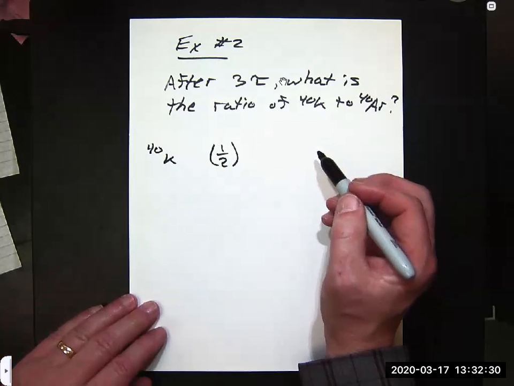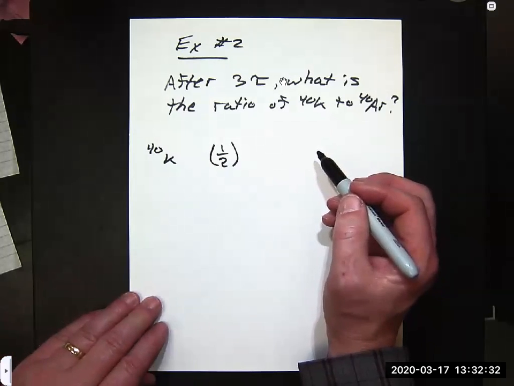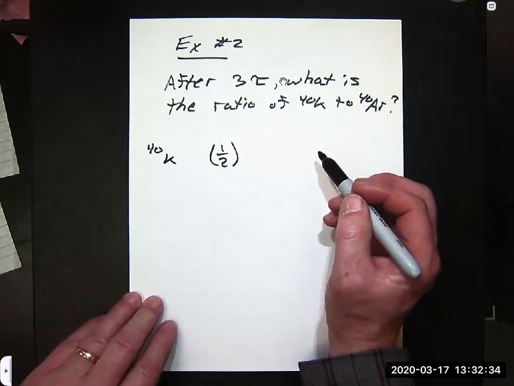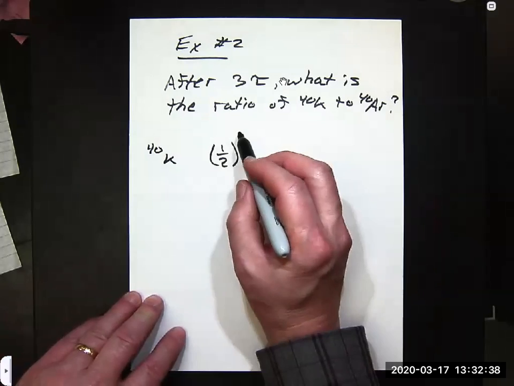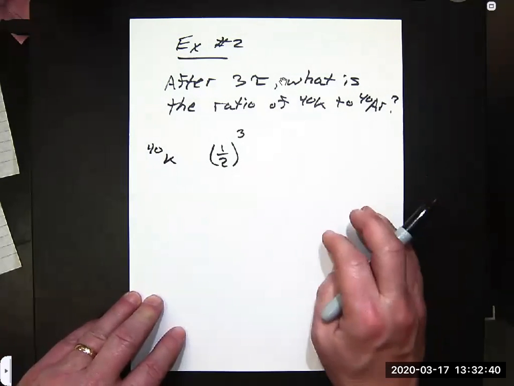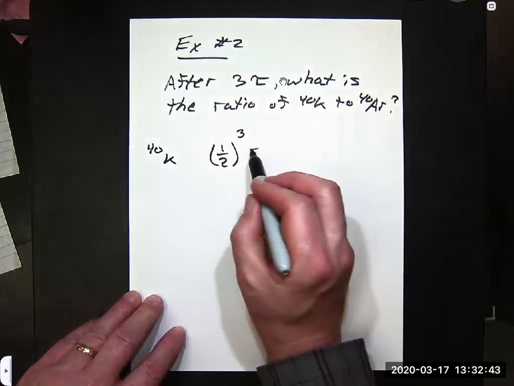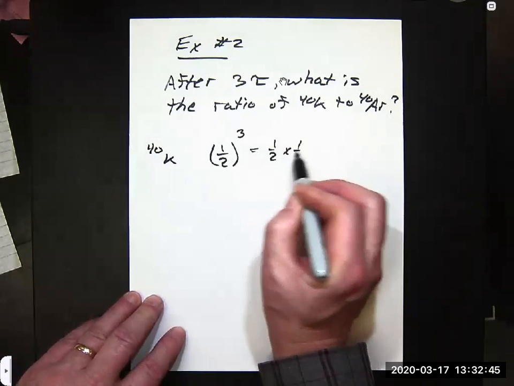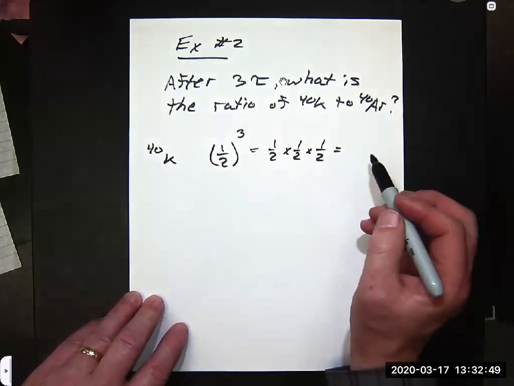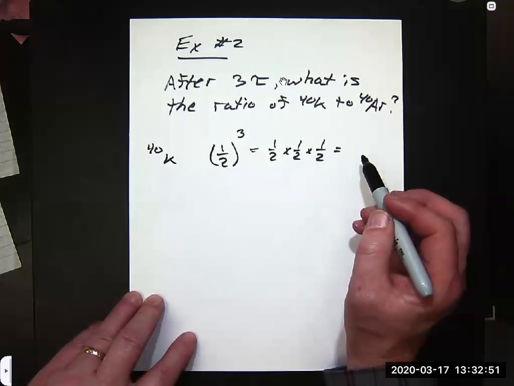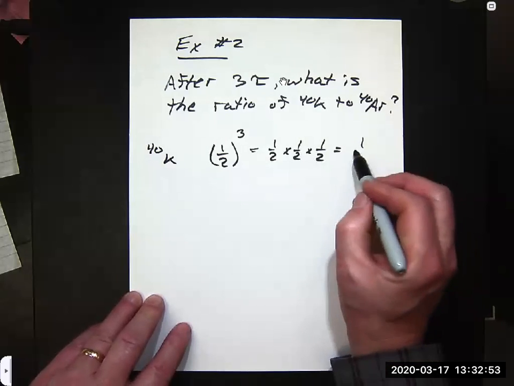So almost 4, the number I was looking for was close to 3.78 billion years, but the point is that the power is a 3, so it's a cube. That's 1/2 times 1/2 times 1/2, but that's 1/8.